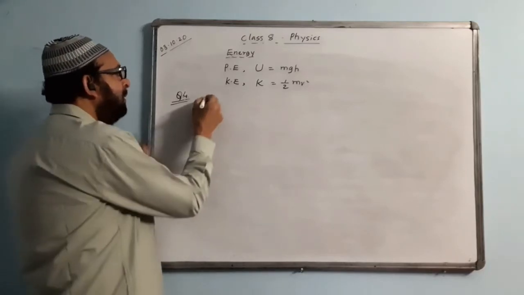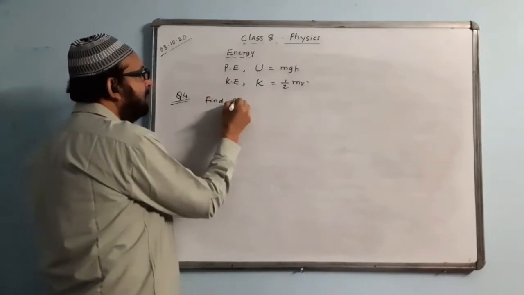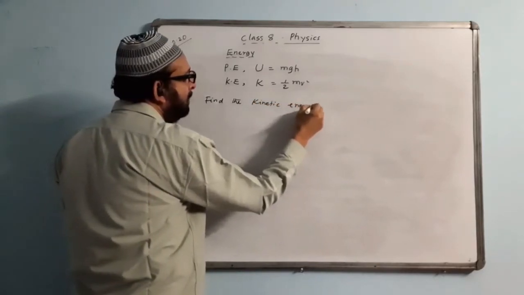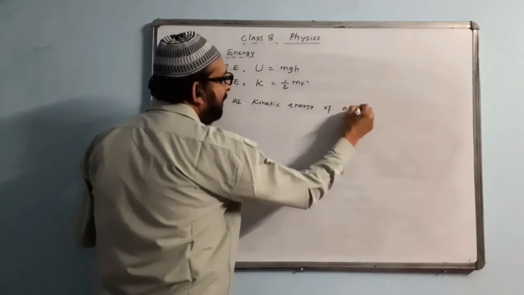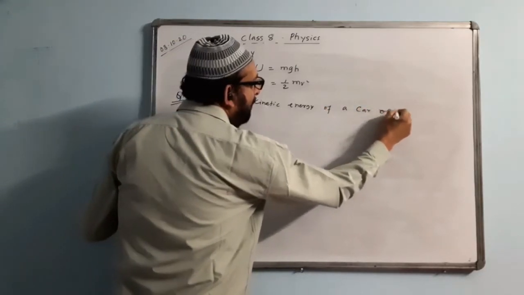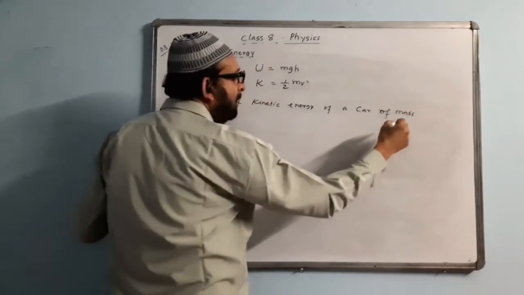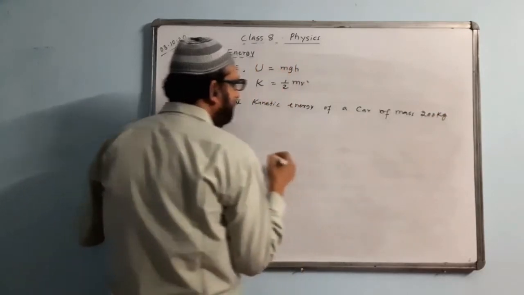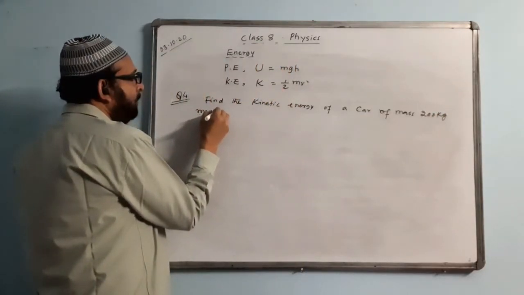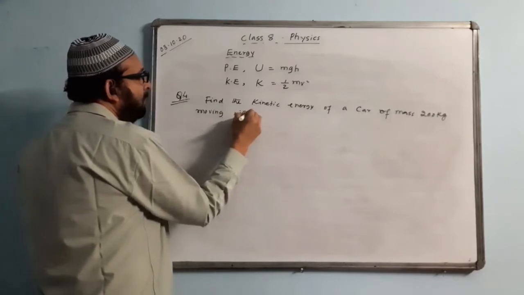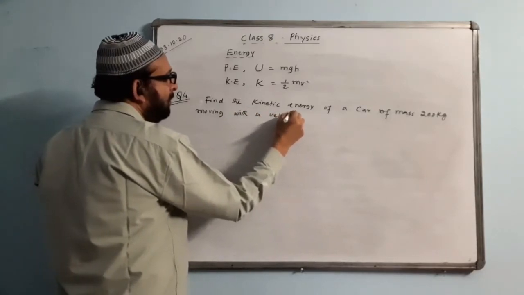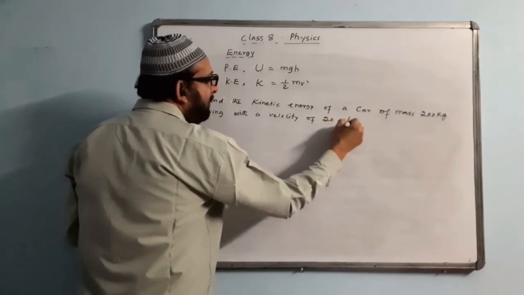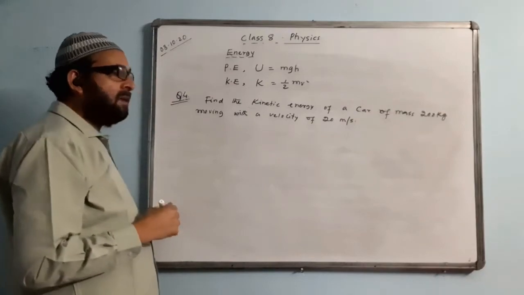Question says: find the kinetic energy of a car of mass 200 kg moving with a velocity of 20 meter per second. That is the question.